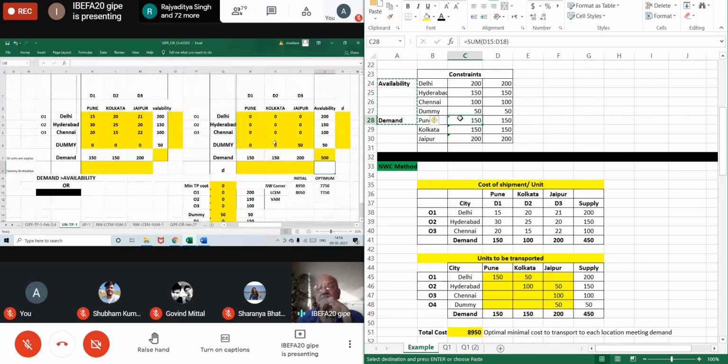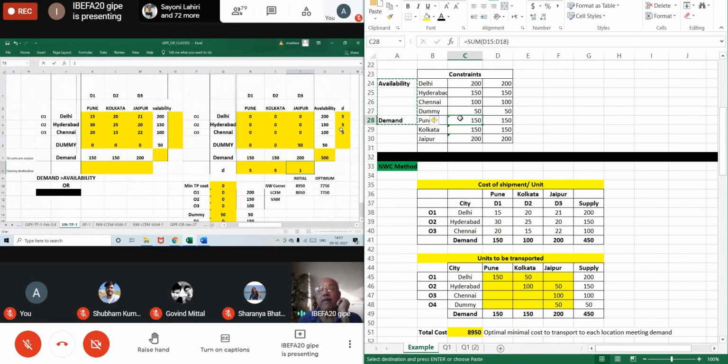So now the differences: 15 to 25, 20 to 25, 5. 15, 25, here no difference. And here 15, 25. Next 15, 25. And the next difference is 1.